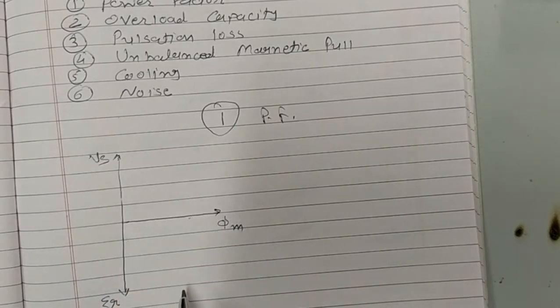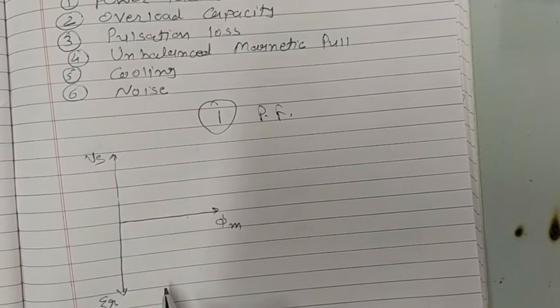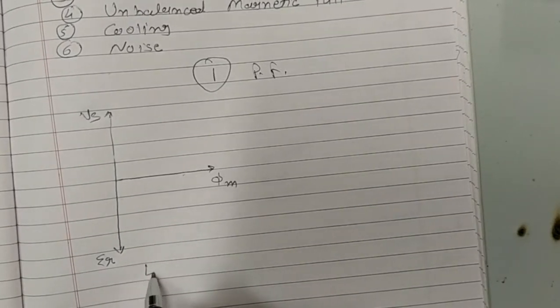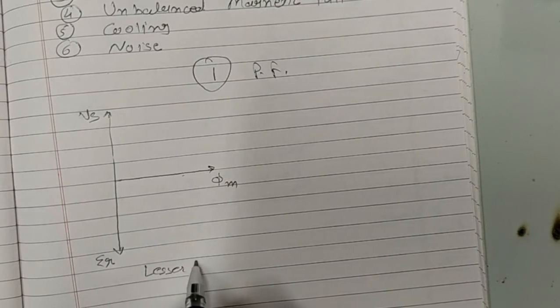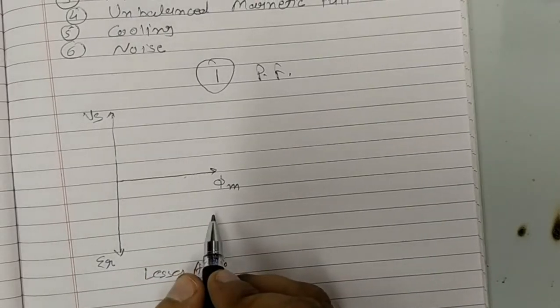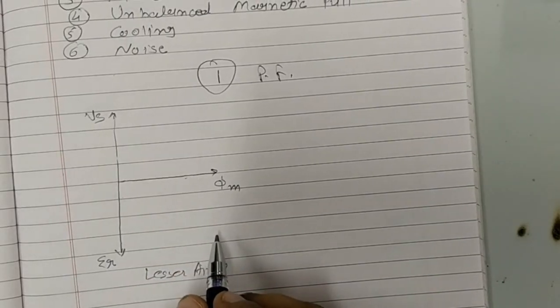So let us say this is the vector diagram for a lesser value of the length of the air gap. Let us indicate it, lesser air gap.